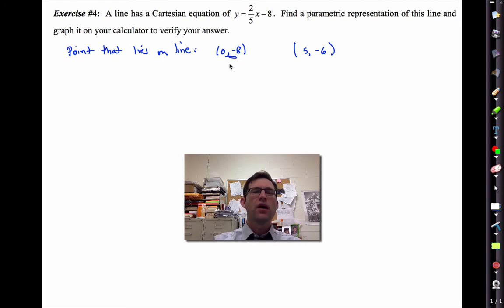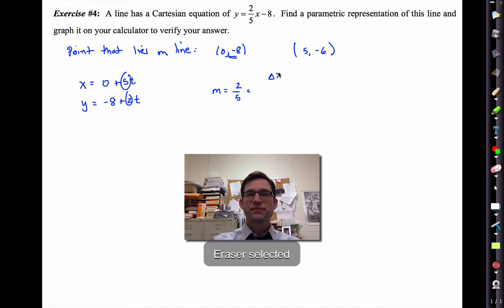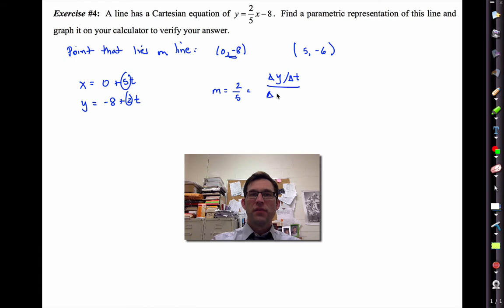Let's use this one. All right, so what we can now say is that x would be 0 plus 5t, and y would be -8 plus 2t. Now again, the 5 and the 2 come from the fact that the slope is 2/5, and that's really delta y divided by delta t divided by delta x divided by delta t, right?